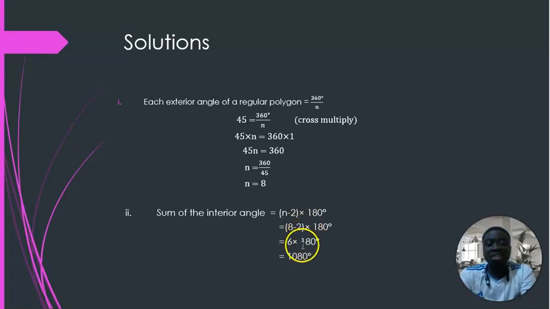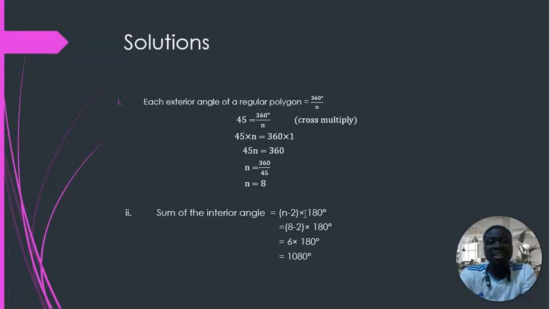So it's very simple. Yours is to know the formula. If you are talking about the sum of interior angles of a polygon, you know the formula to use.